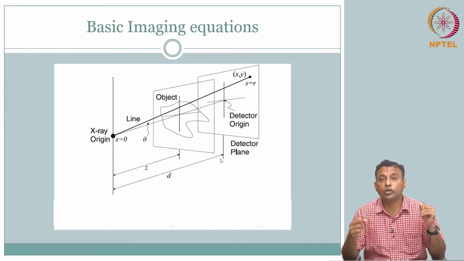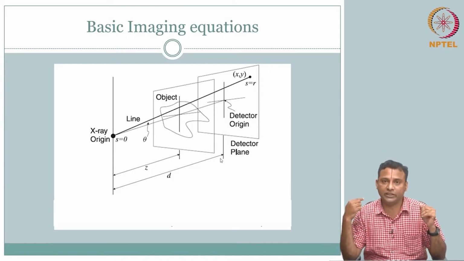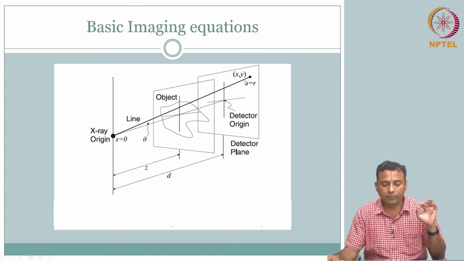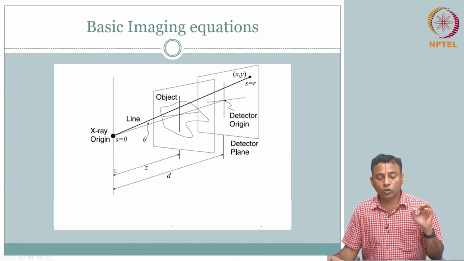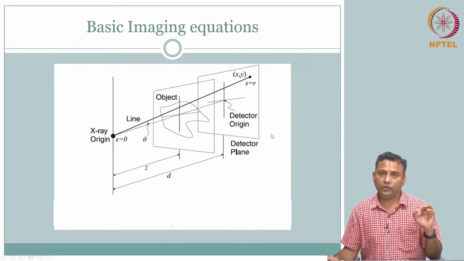This is called a through transmission image. The setup that we discussed even in instrumentation is a through transmission setup. That means you have a source on one side and the detector on the other side of the object.